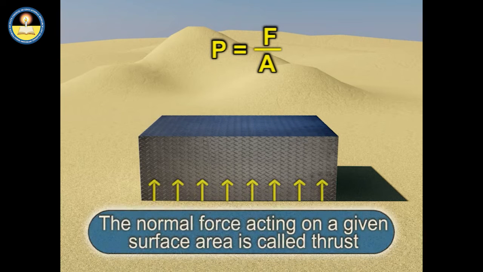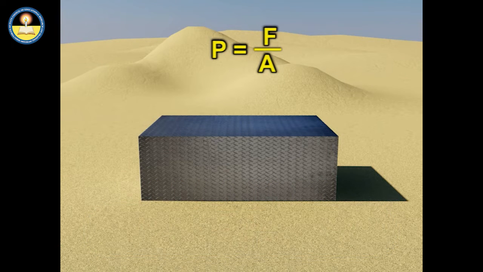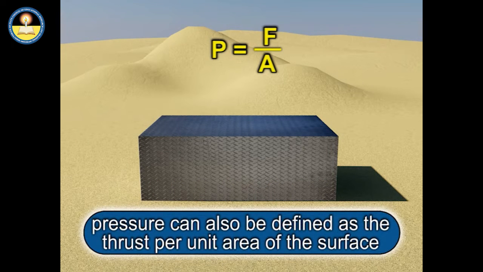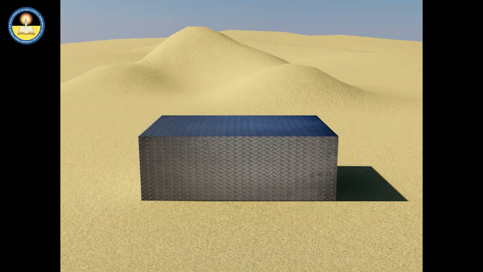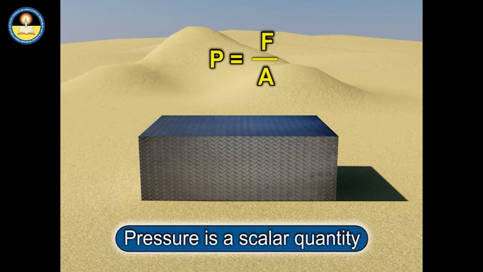The normal force acting on a given surface area is called thrust. Hence, pressure can also be defined as the thrust per unit area of the surface. We know force is a vector quantity and area is a scalar, but pressure is also a scalar quantity.